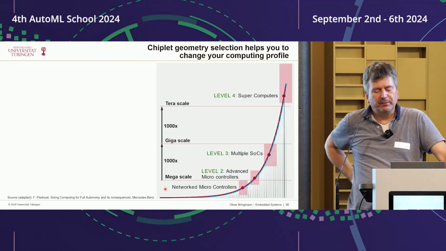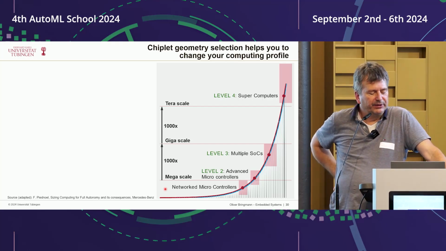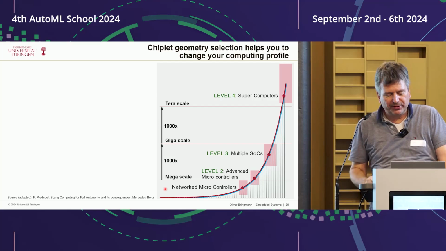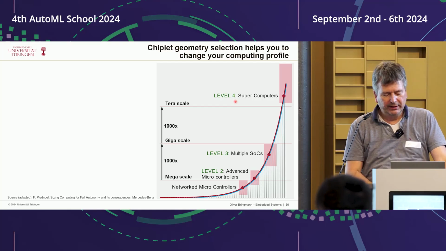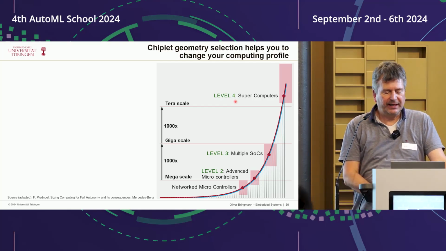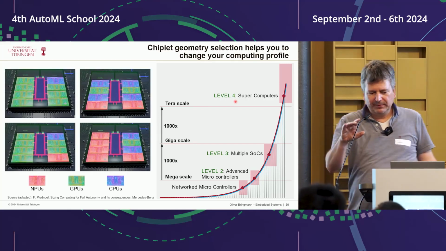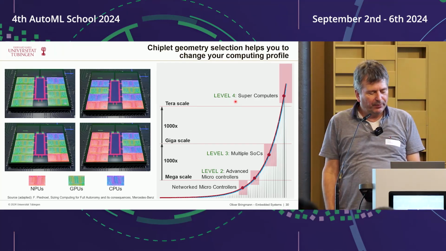Here's a slide from Mercedes about the teraops that are expected for the different levels of autonomous driving. And we see that towards level 4, we actually need tera-scale compute. And they are also thinking about some kind of chiplet approach.